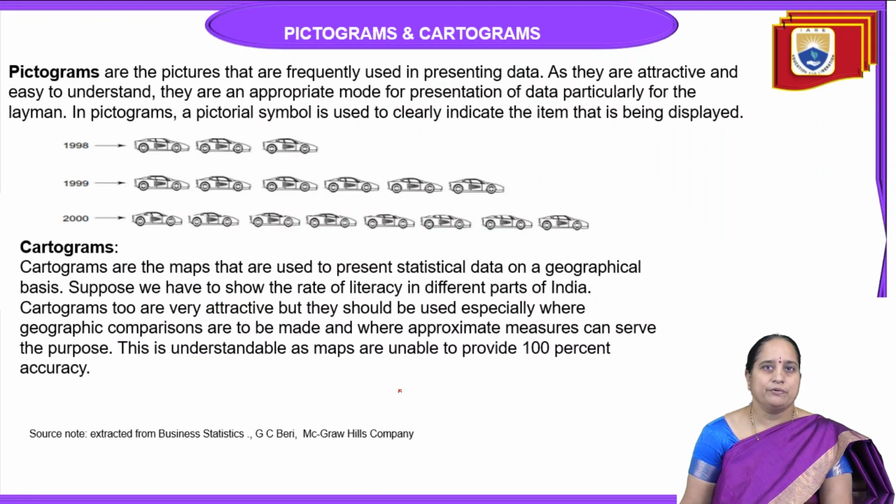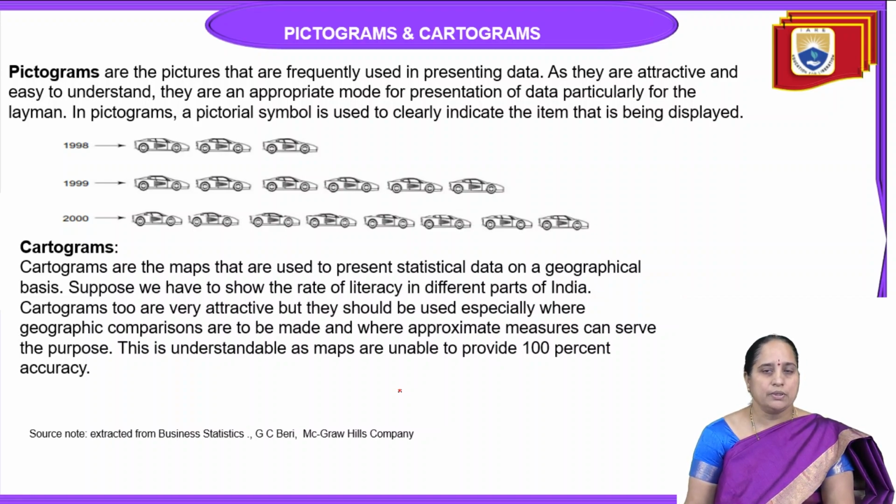The next type of diagrams are known as pictograms and cartograms. So pictograms are pictures that are frequently used in presenting data as they are attractive and easy to understand, and they are an appropriate mode of presentation of data, particularly for the layman.